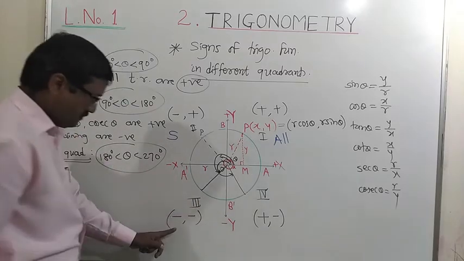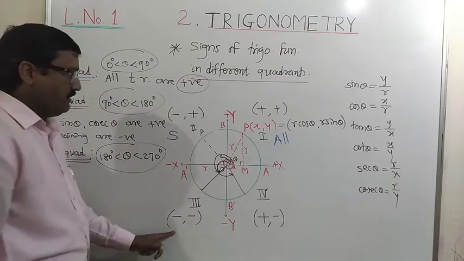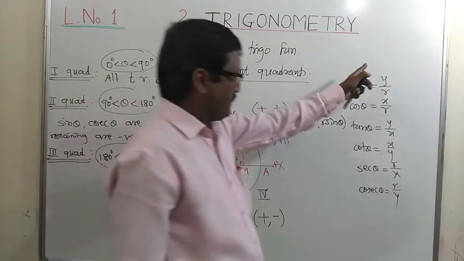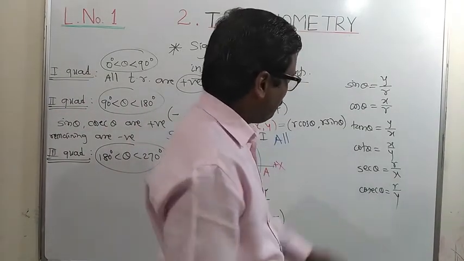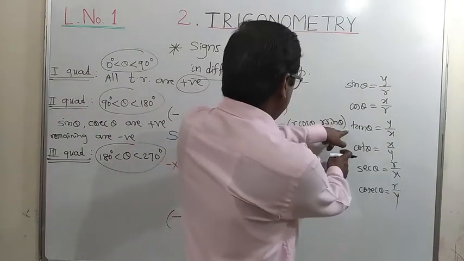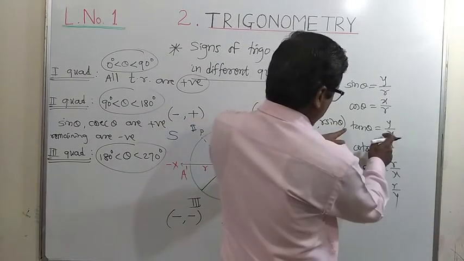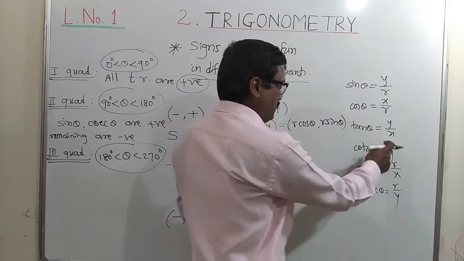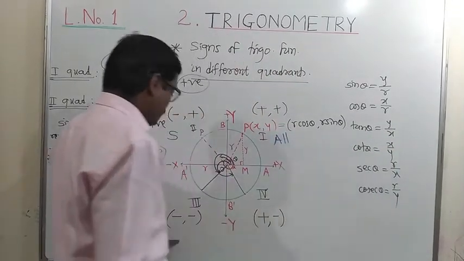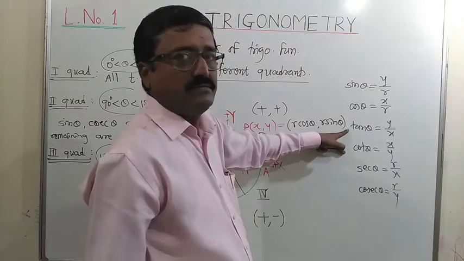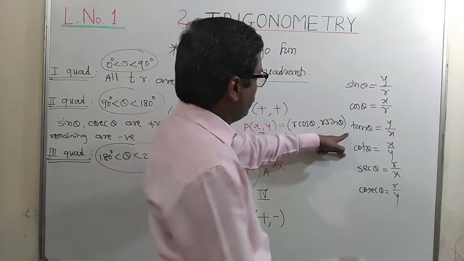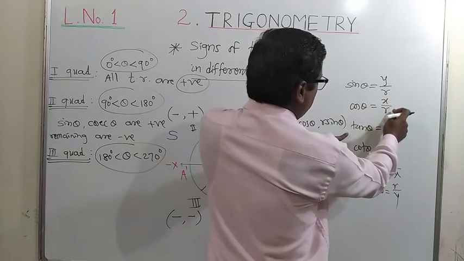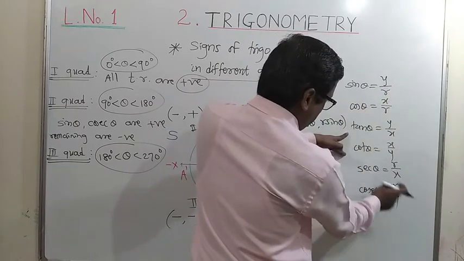Now in the third quadrant, x and y both are negative. Here x and y both are negative, so negative upon negative is positive. So in the third quadrant, tan theta and cot theta both are positive, but the others are negative because here only y is negative with r positive, or only x is negative with r positive.